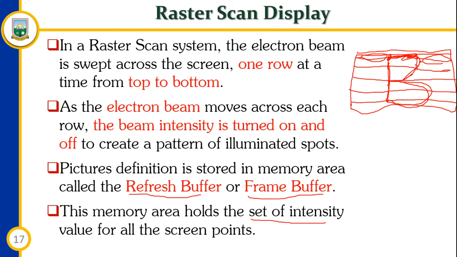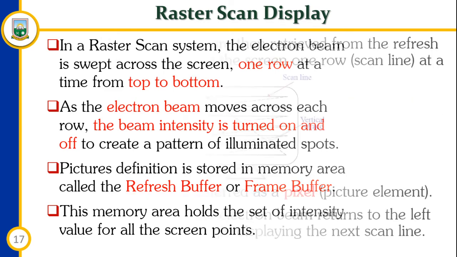The intensity that the electron beam is displaying will be saved in the frame buffer or the refresh buffer. All right, so this is how the raster scan looks.